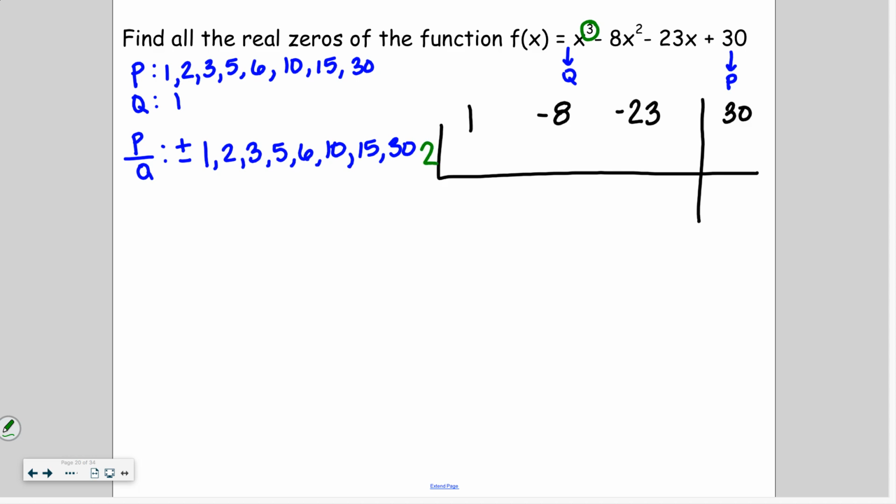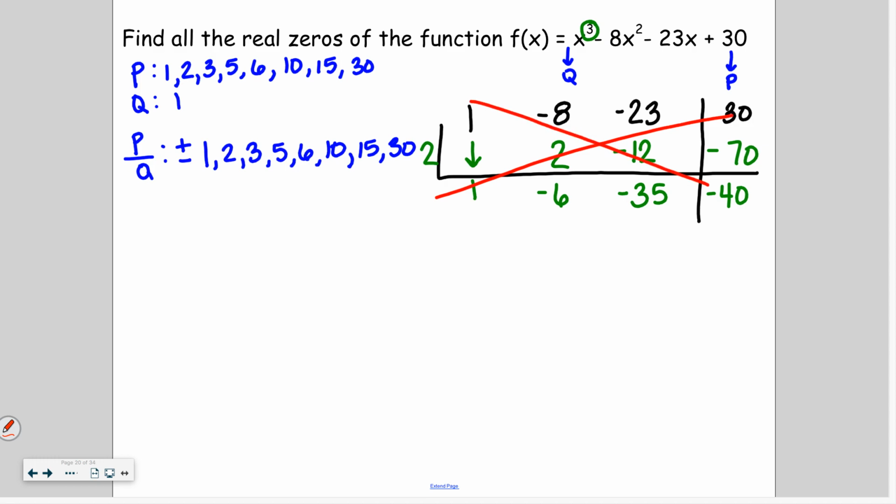I don't know why I always start with that, but so bring down that 1. 1 and 2 is 2. -8 and 2 is -6. 2 and -6, -12. We get -35, -70, which gives us -40. We did not get 0. So this one right here does not work. We know that 2, the positive 2, is not a factor.